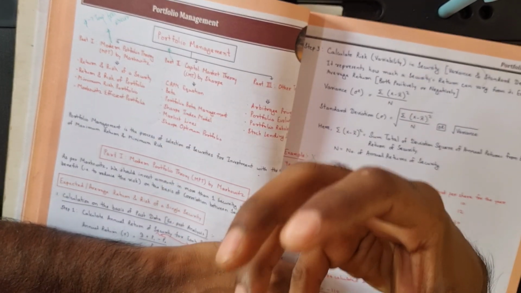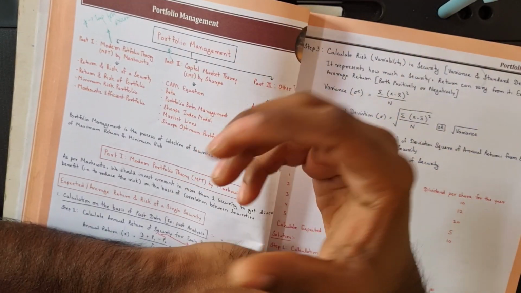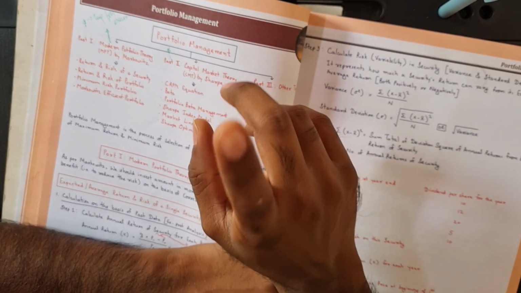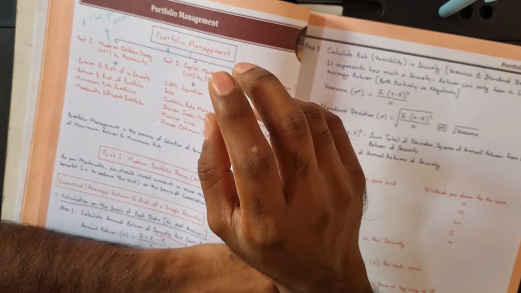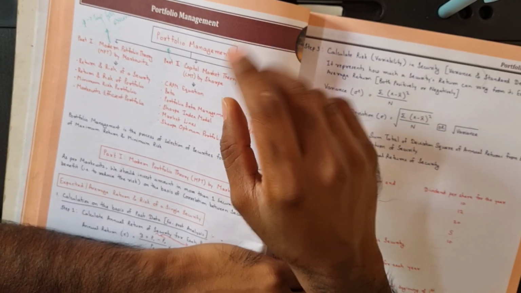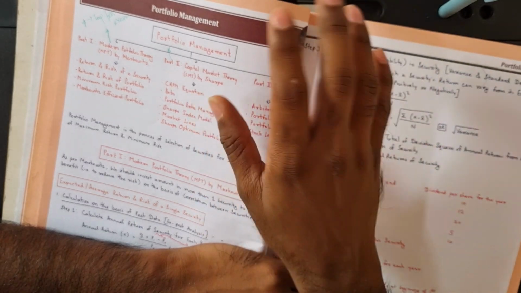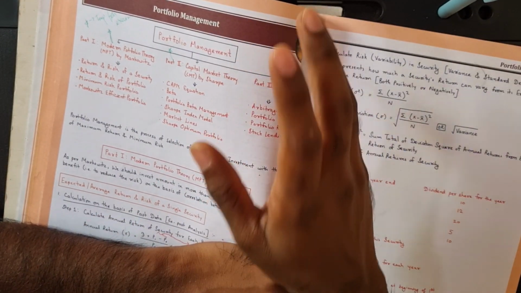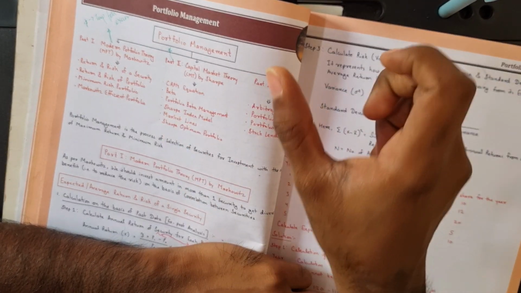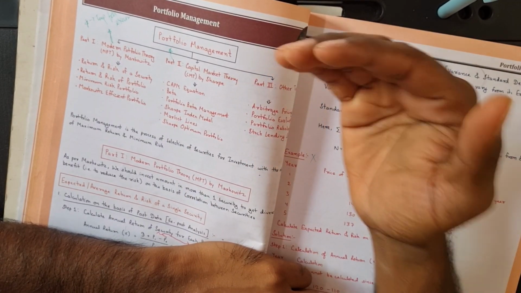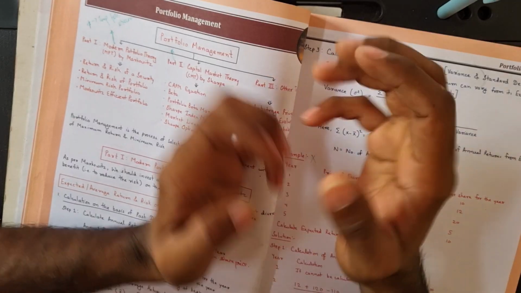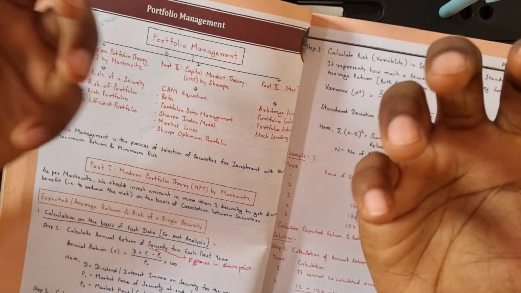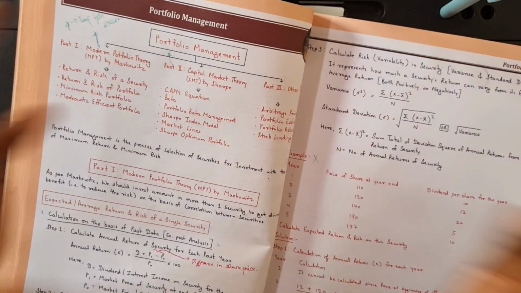When you want to invest in your equity market, don't just invest in one security, invest in more than one security. Two, three, four, as many as you want. Markowitz says you have to invest in more than one security so that you can get diversified benefit. What is diversification? That is to reduce the risk. When there are two securities, if one security goes up and the other goes down, your risk is managed.